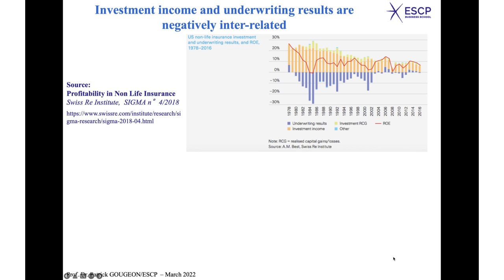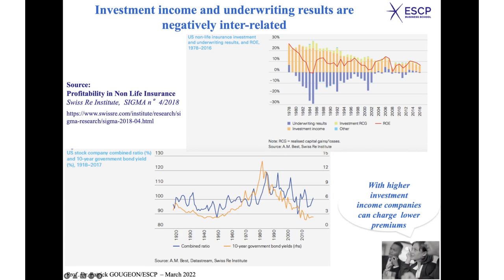Okay? So it's clear, you see here a clear link between the interest rate and the underwriting losses. The lower the interest rate, the less there is to redistribute to policyholders, and the lower the underwriting losses. Okay? Which is also what you see here.